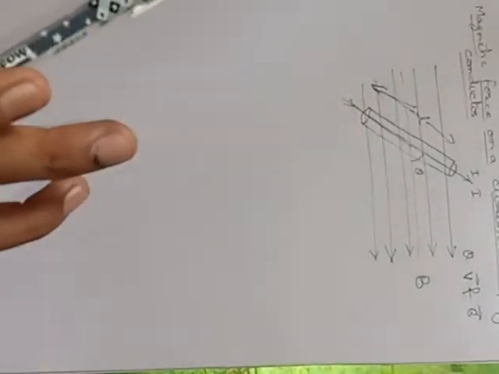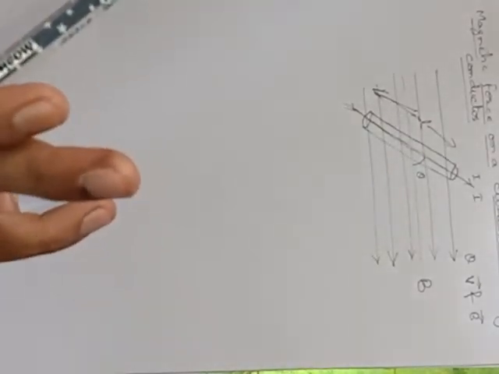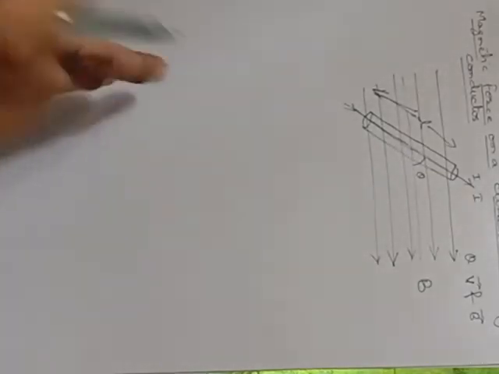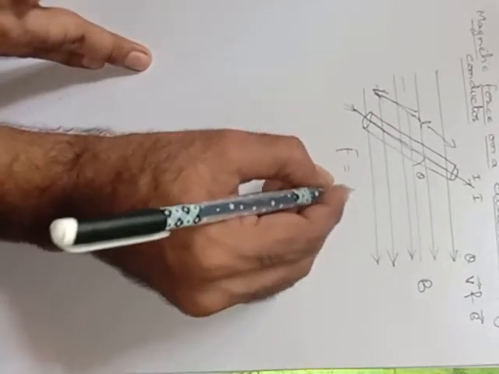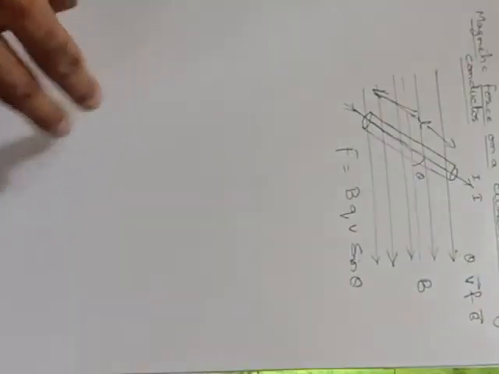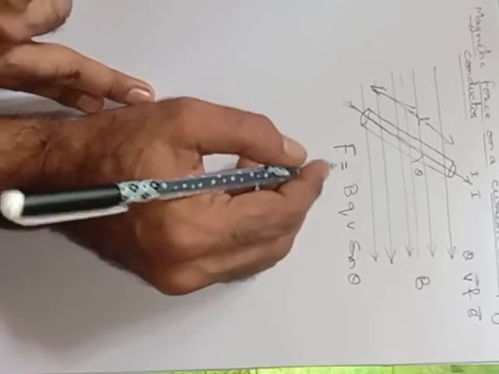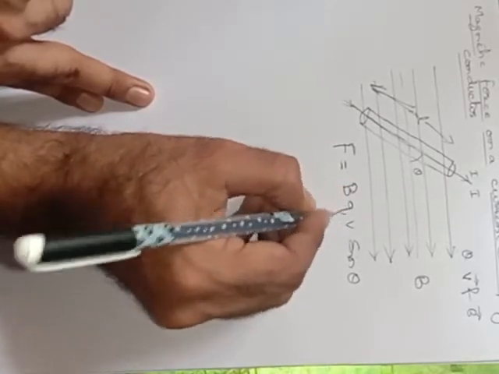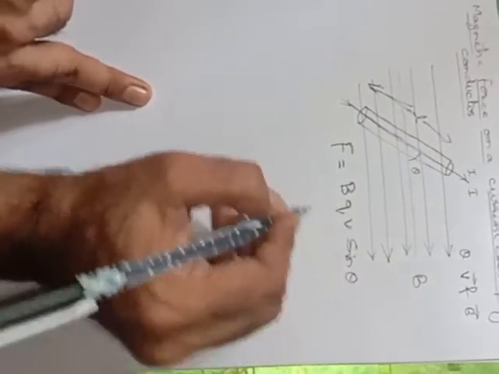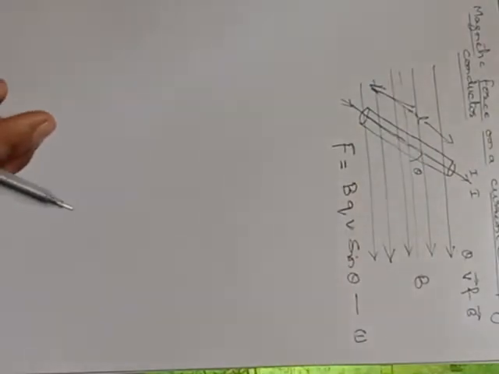Day before yesterday we have seen the magnetic force acting on a single charged particle, which is given by F is equal to B Q V sin theta. We will give this as equation number 1.